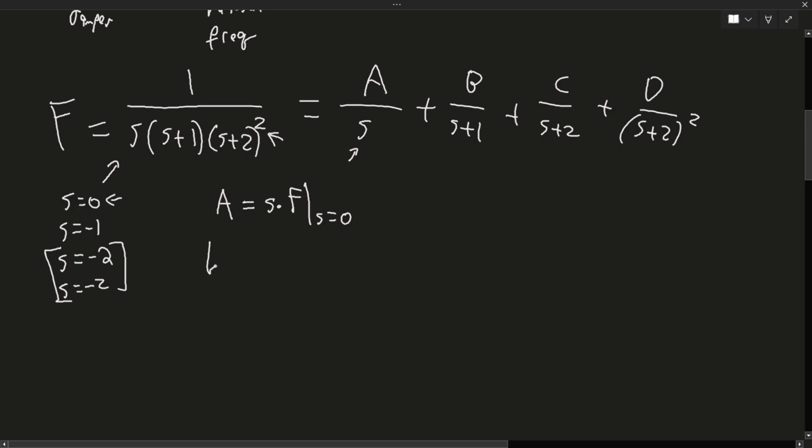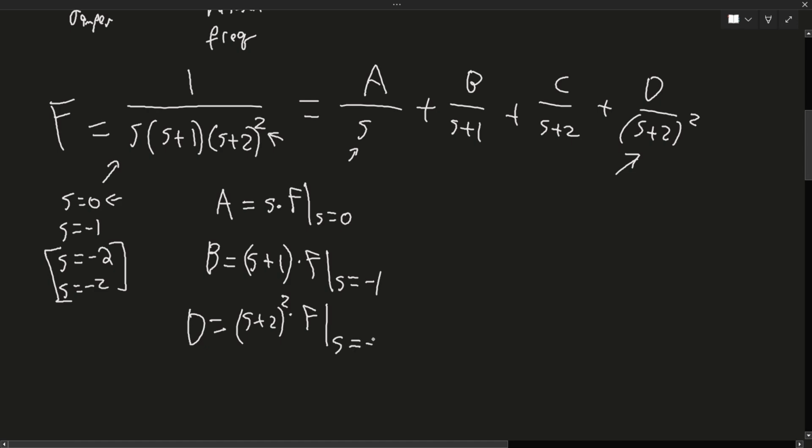You do the exact same thing for B: it equals the denominator times the function, evaluated at the pole. Now, when you have repeated poles, you take the denominator where it's squared, (s+2)^2 times F, and again, you evaluate it at the pole.